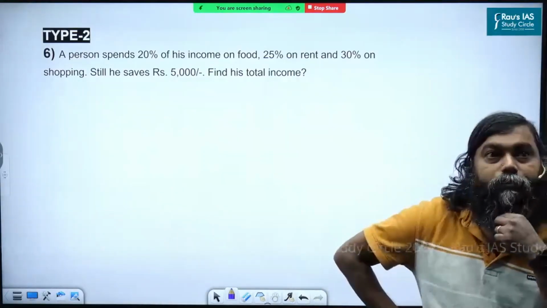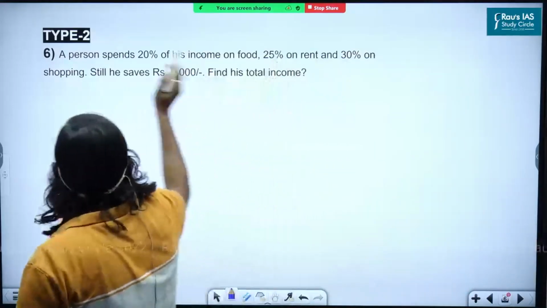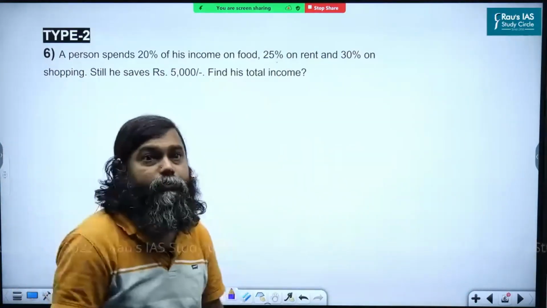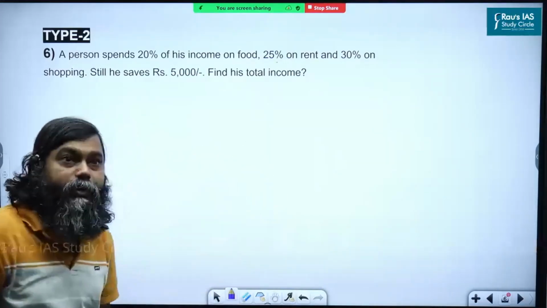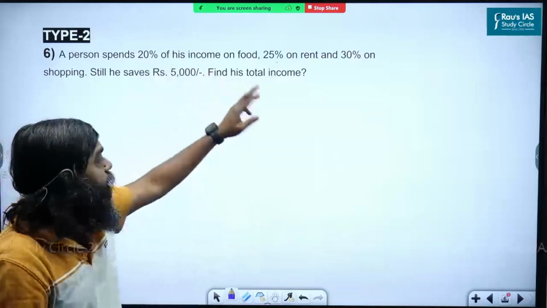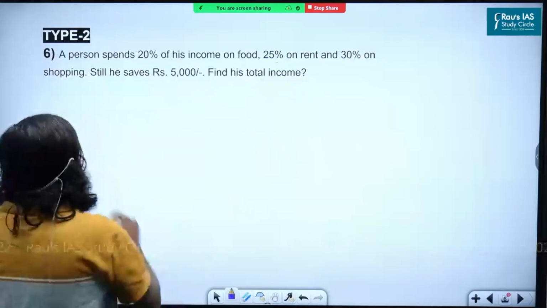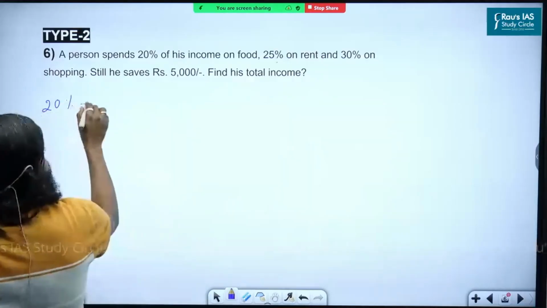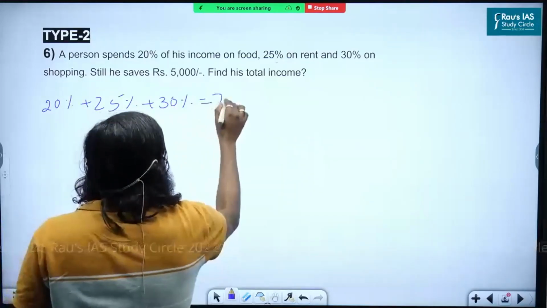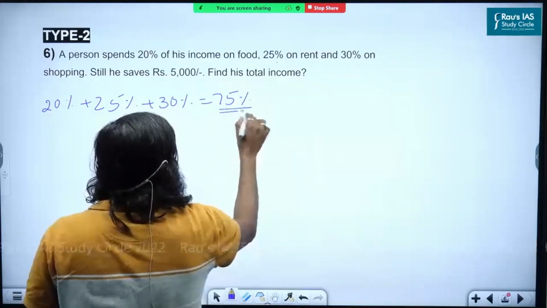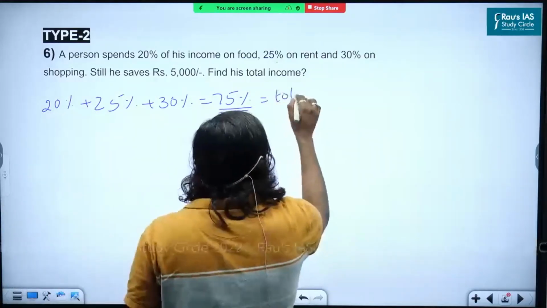Why? Because all the percentages are calculated based upon the same total. So if it is not successive changes, how can we derive? If all the percentages are calculated based upon the same total, directly add the percentages. So how much? 20 plus 25 plus 30. That means 75% of my income I already spent. This is called total expenditure.